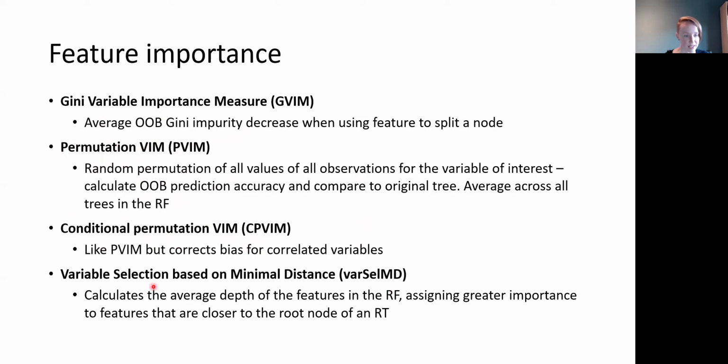The next one is a variable selection based on minimal depth. So this is essentially what I was describing previously. It calculates the average depth of the features in the random forest and assigns greater importance to features that are closer to the root, or closer to the top, across the random forest itself.